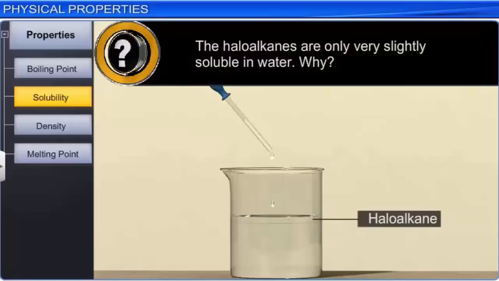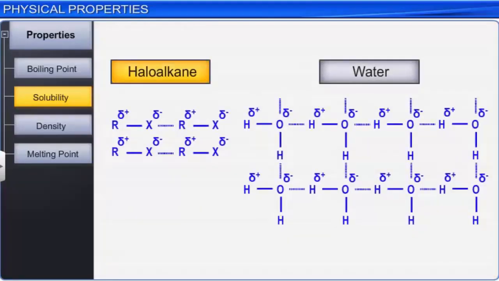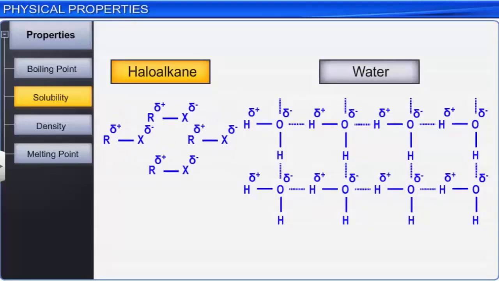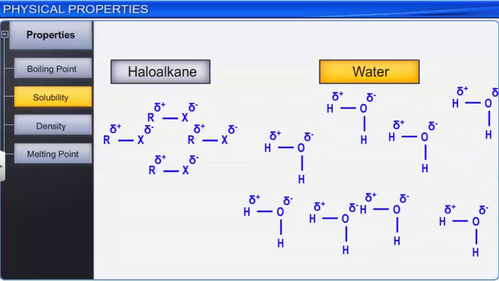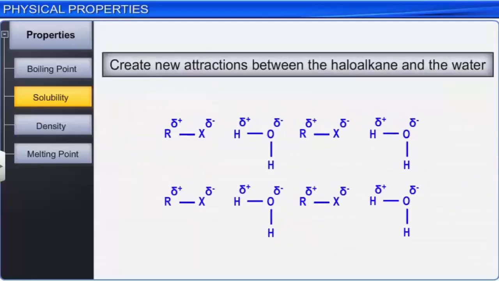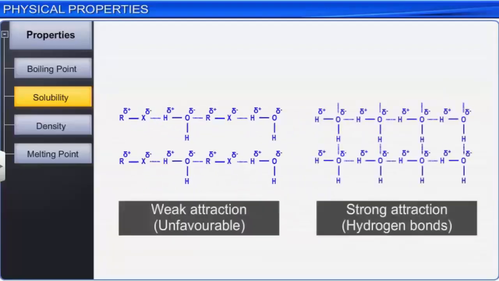The haloalkanes are only very slightly soluble in water. Why? For a haloalkane to dissolve in water, energy is required to break the attraction between the haloalkane molecules and the hydrogen bonds between the water molecules. As new attractions between the haloalkane and water aren't nearly as strong as the original hydrogen bonds in water, less energy is released during this process.